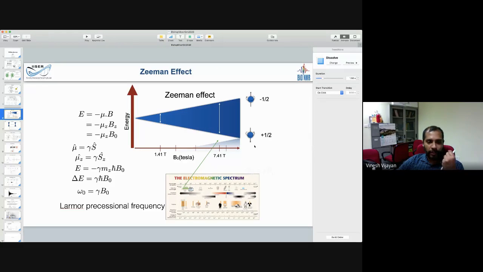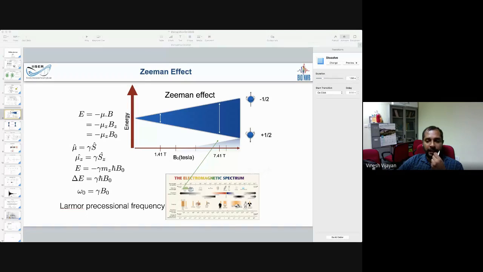This is only true if your gyromagnetic ratio is positive. There are nuclei with a negative gyromagnetic ratio, and in those, the minus half would be the lower energy state compared to plus half. So if you have couplings like that between hydrogens and nitrogens, you get a negative coupling also, because their polarizability is going to be different.